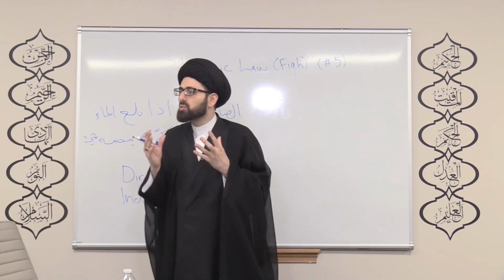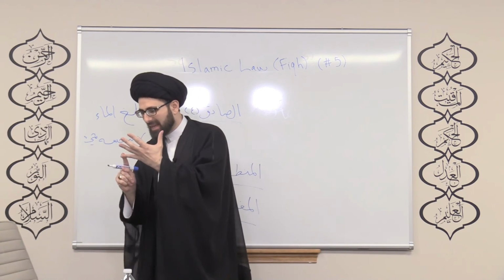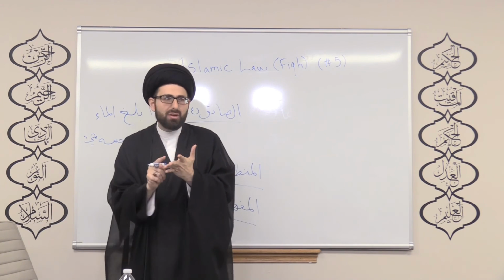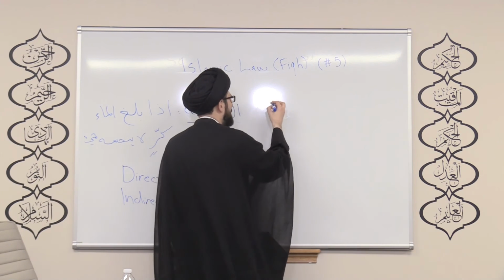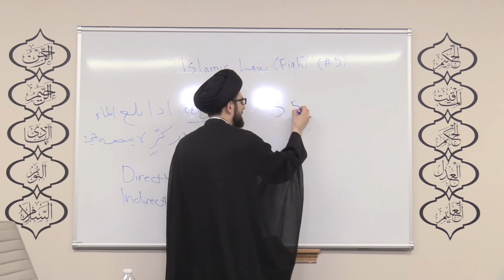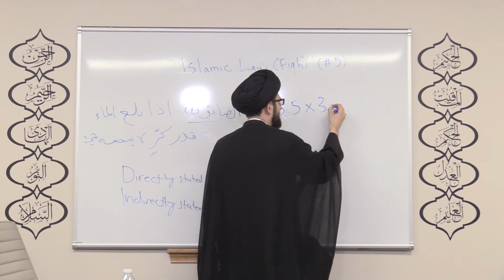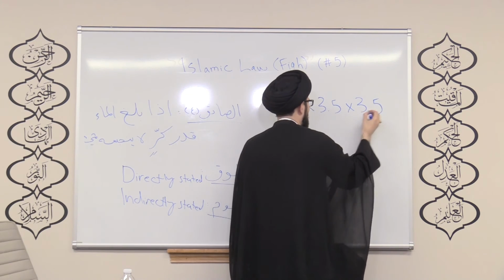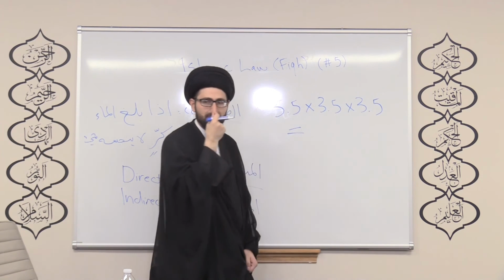A Korr is water whose length, width, and depth are each at least 3.5 shibrs, 3.5 handspans. So 3.5 by 3.5 by 3.5. Who's good in math? What's the volume of all these three?